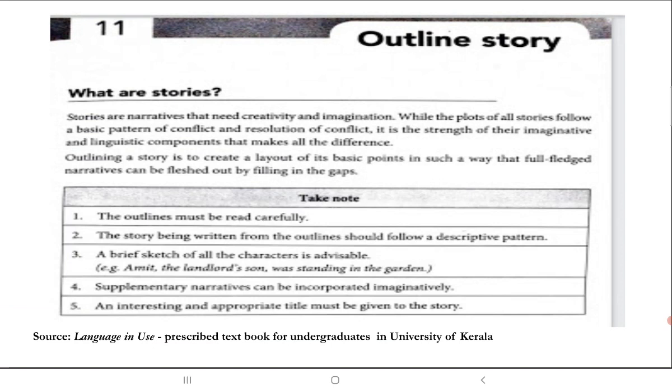So let us look into the narrative tactics that you need to focus on while writing an outline story. So what are stories? Stories are narratives that need creativity and imagination. Of course, you will be bringing in so many factors which are unrealistic, creative and imaginative.